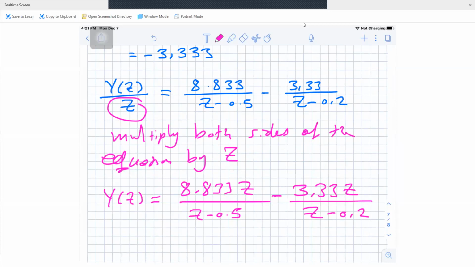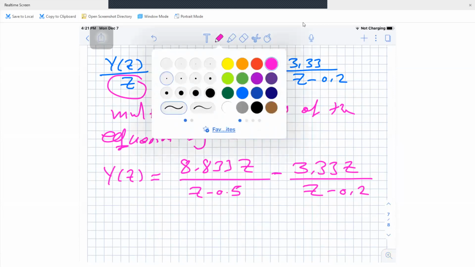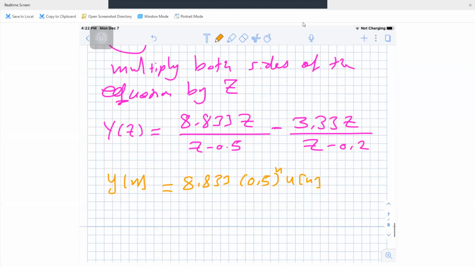Now easily we can determine the inverse. The inverse of the left side will be Y of N, and this one will be 8.833 times 0.5 to power N U of N minus 3.33 multiplied by 0.2 to power N U of N. Okay, this will be the full solution for the previous example.